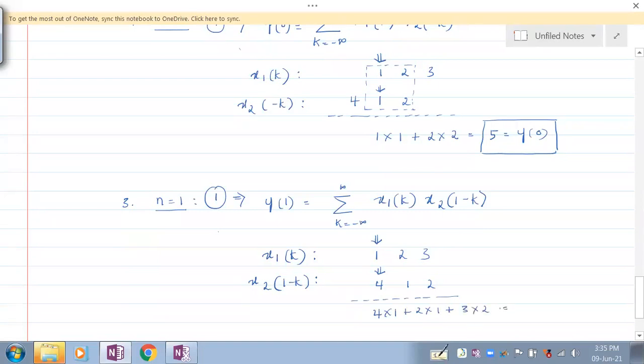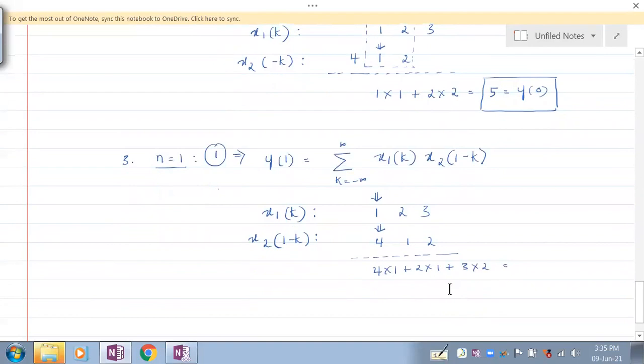How much is this? It's 4 plus 2 plus 6 is 12. Understand? So let's write 12 there. So this is your y of 1.